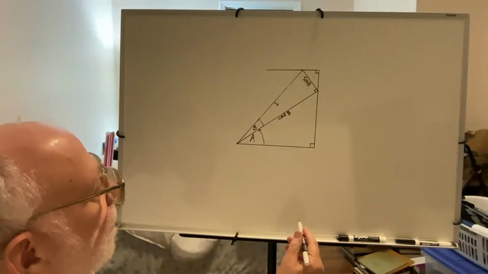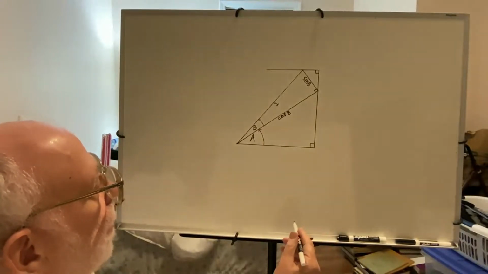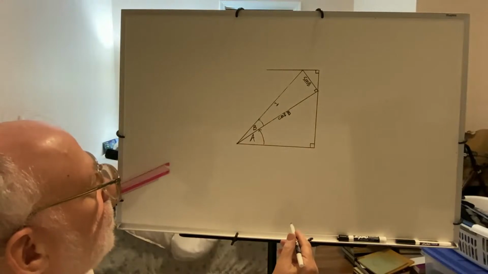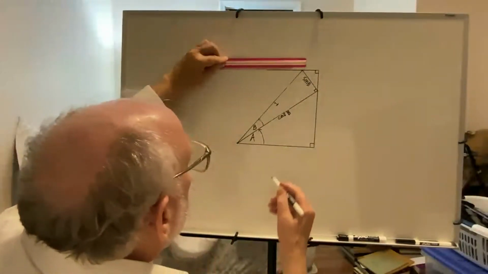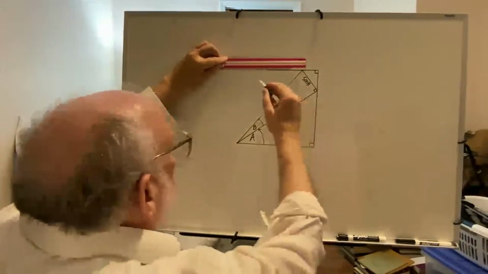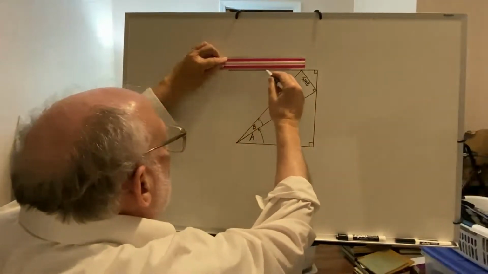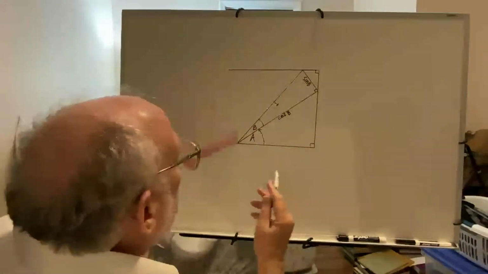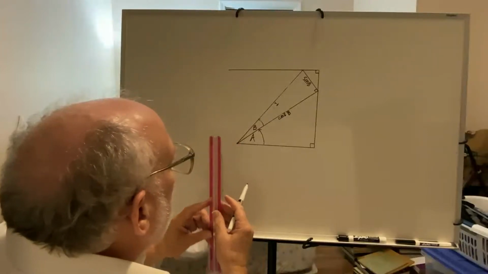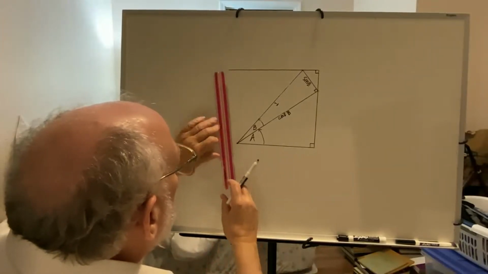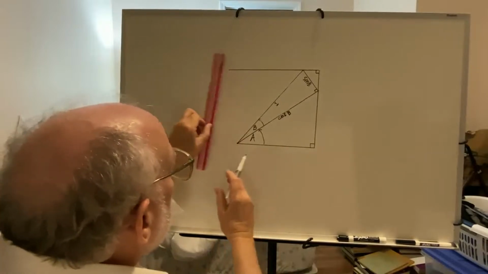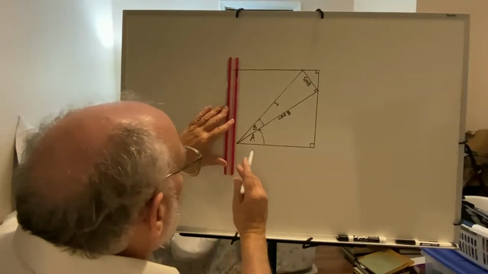Now, we would really like to complete this diagram. That means we're going to make a rectangle here. So we're going to erect a perpendicular to the base at this vertex.